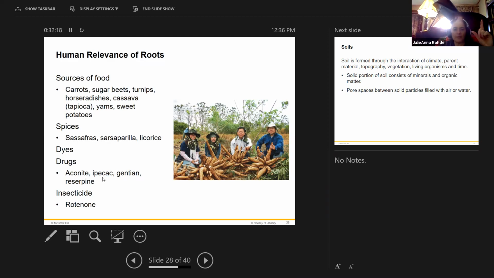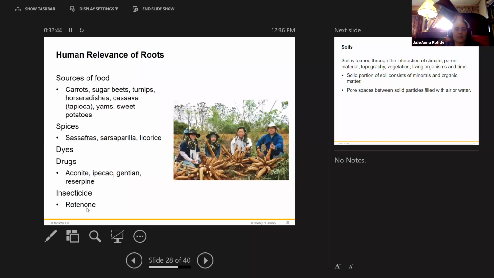If you have an upset stomach and you've eaten something wrong and you need to throw it up and you just can't, you can take some Ipecac and then you'll get rid of it. Gentian, I think it's a nerve calmer, I believe. Reserpine, I don't really know. Sounds like it probably has something to do with respiratory, but I would be guessing on that for sure.